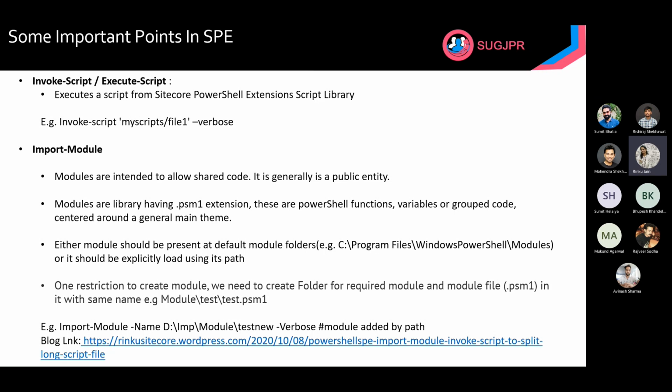If you do that, either you can import that module using the path, or otherwise you have to update the module path in the environment variable to include your folder as well. What it will do then is automatically include that module in memory. And if it is not there in the module folders of the environment variable, you have to explicitly load that module. We'll see how we can do that.